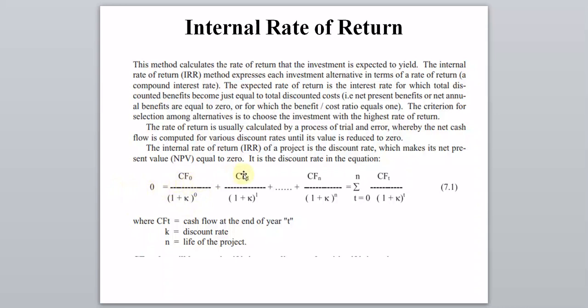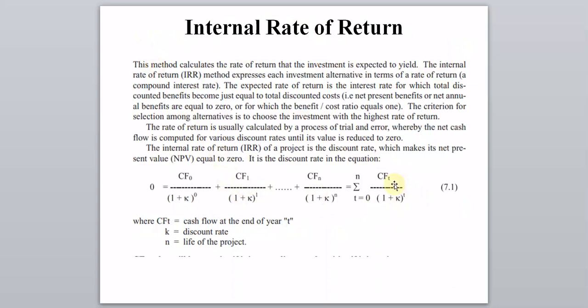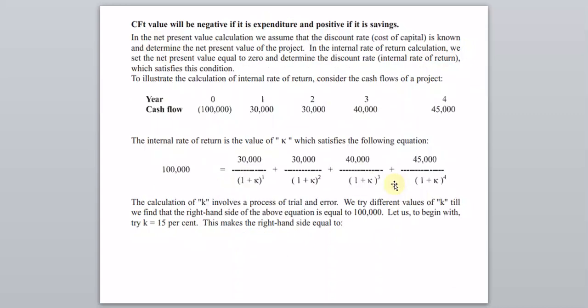In this case the cash flow value will be negative if it is expenditure, and positive if it is saving. So in case of saving the CF t value is positive, and in case of expenditure it will be negative. Now there is an example.